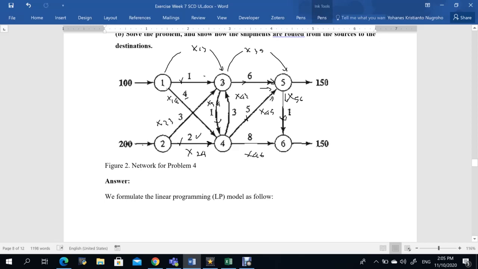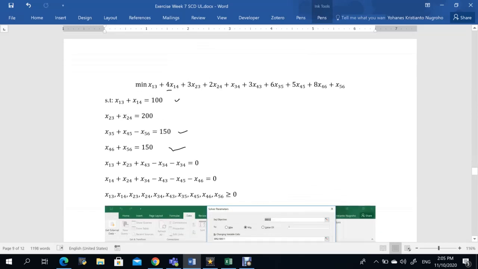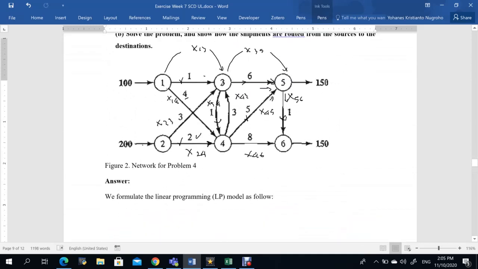That is the demand at customer node number 5, right? And also x46 plus x56 equals 150, meaning that x46 plus x56 should be equal to the demand at point number 6.